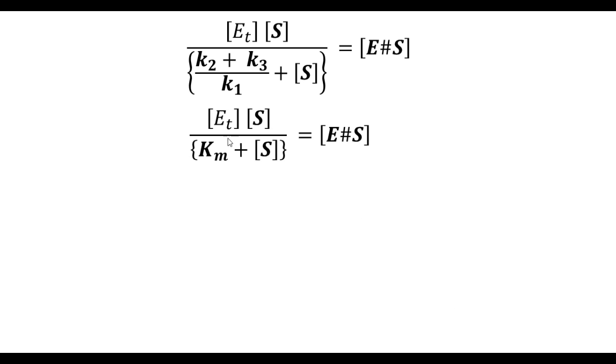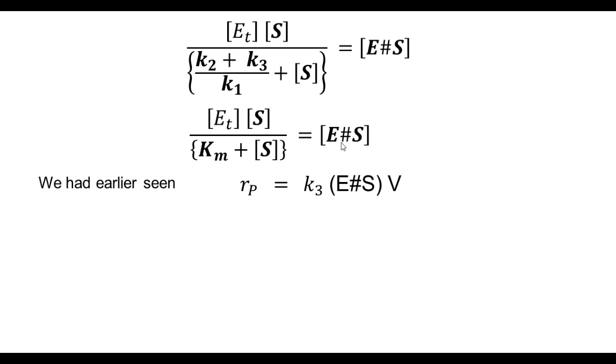And if I call K2 plus K3 by K1 as some capital Km, then the same equation can be written as this: ET S divided by Km plus S equals enzyme substrate complex concentration.